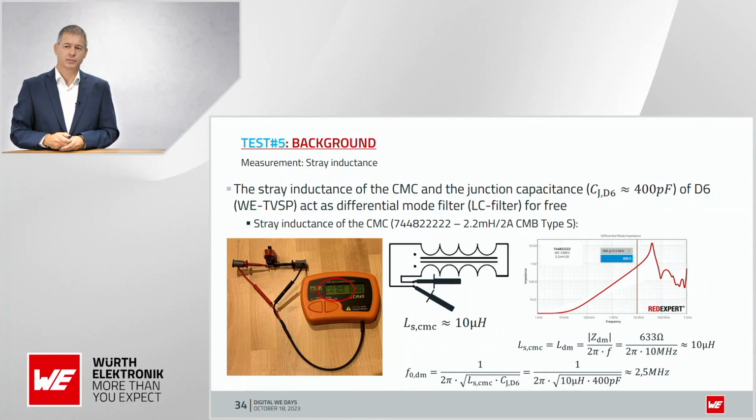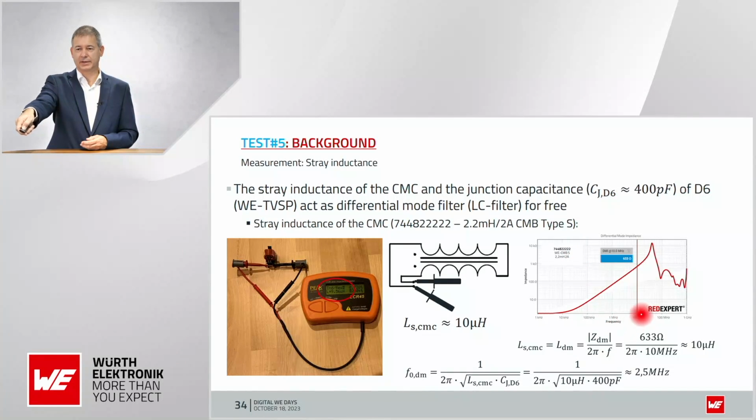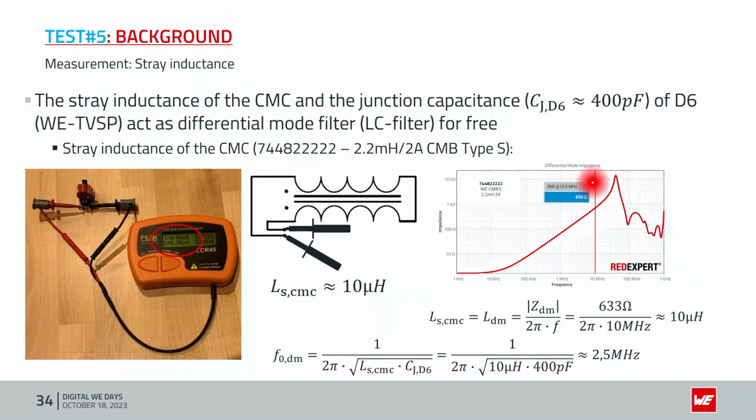Or the second possibility is to use our online tool, Red Expert, and show the differential mode diagram. Put a slider or a cursor to 10 megahertz and read the value here, and you get around 633 ohms at 10 megahertz. And with this simple formula here, you can calculate from the diagram also the 10 microhenry leakage inductance of this device. This is possible for all our devices.